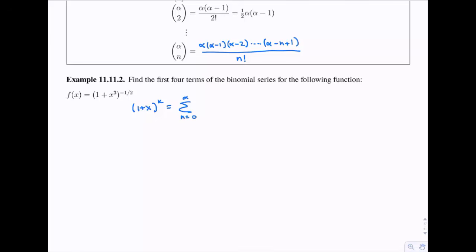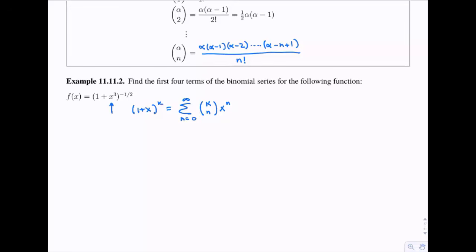So, we know how to write 1 plus x raised to the kth power, right? In this case, we can already see that our k is equal to negative 1/2. So we're going to be applying this for a very specific case. But now we don't just have x, we have x cubed, right? So I'm going to switch these over.